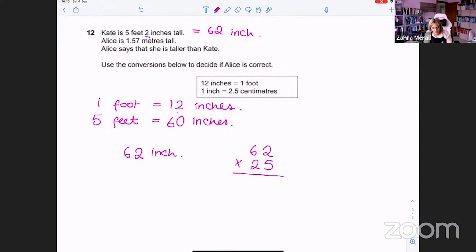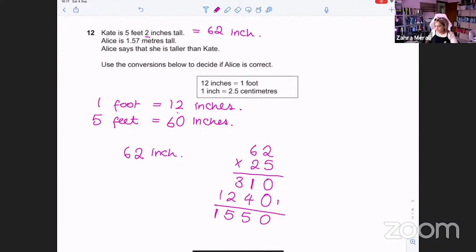So we've got 2 times 5 to give us 10, 6 times 5 to give us 30, plus the 1, so we get 31. And now because we move on, we put the 0 in. You may do long multiplication another way. Honestly, however you do it, you do you. 2 times 2 is 4, 6 times 2 is 12. As long as you get the right answer, it doesn't matter. And some of you might have brains that can do it straight away.